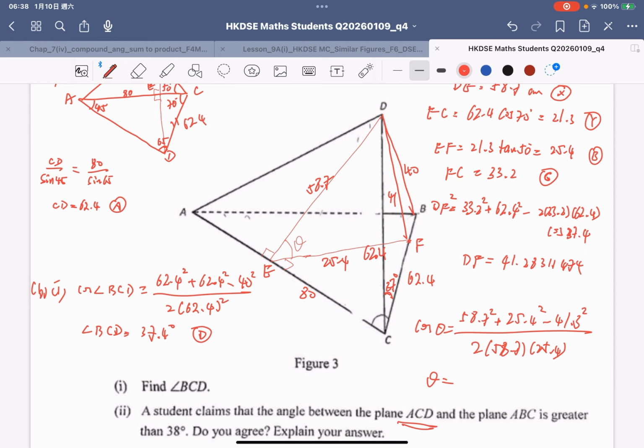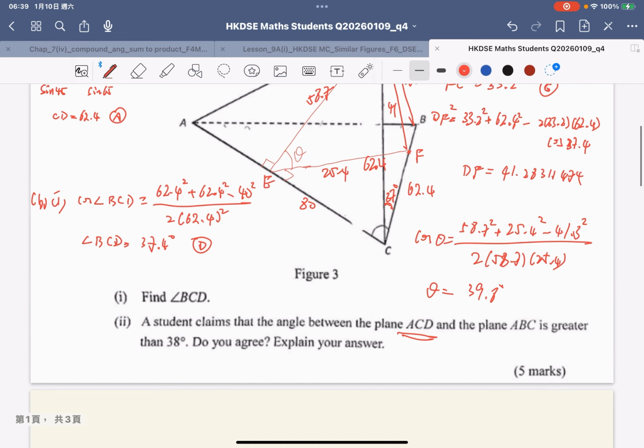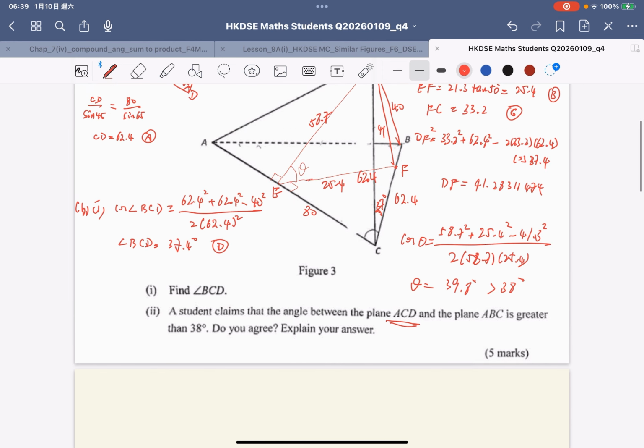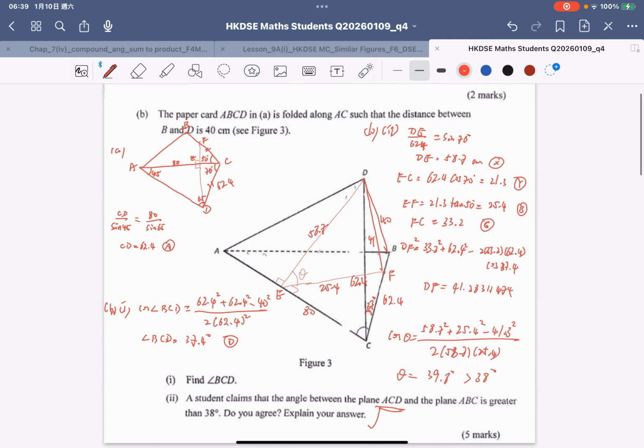Finally I calculate the angle: 39.8 degrees, which is actually greater than 38 degrees. Yes, that's true.